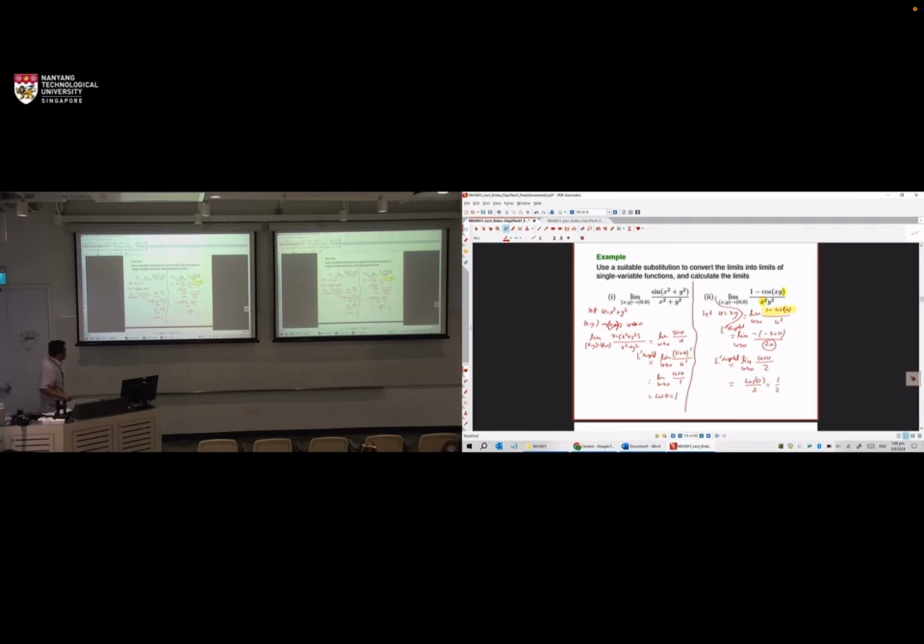When you do the limits, always write down the question first. Then (x, y) approaching (0, 0) becomes u approaching 0. The sine of (x squared plus y squared) becomes sine u, and x squared plus y squared becomes u. Now you sub in 0 and you have 0 divided by 0.